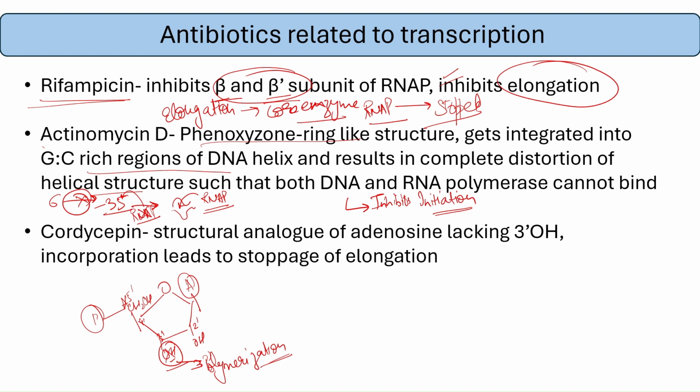So when cordycepin is involved, it binds in place of adenine, and it stops the elongation or the polymerization of that particular RNA chain. So this also targets the elongation process, like rifampicin. Okay, so these were the three antibiotics.